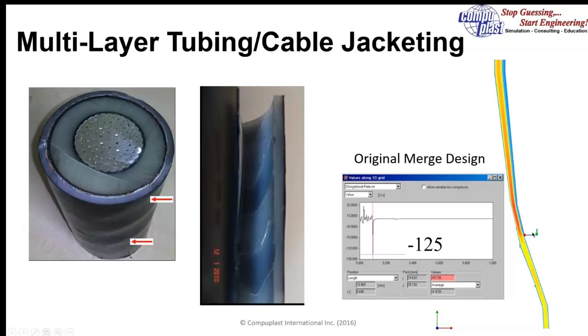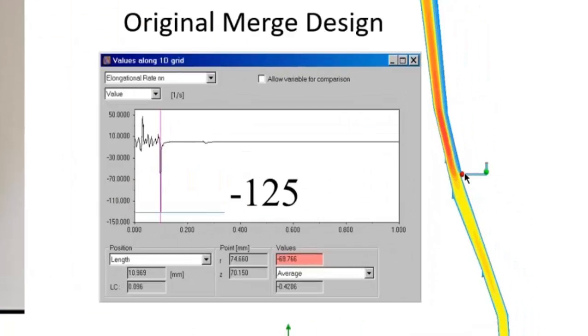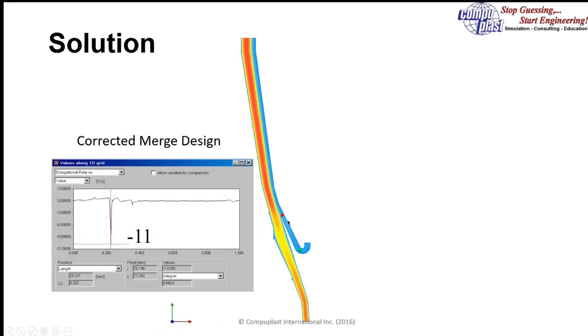So what was happening is that this outer layer of material where they were merging was having a tremendous deceleration at the merge point.